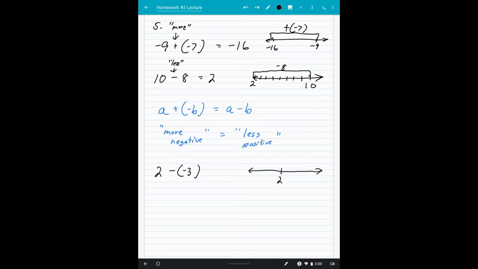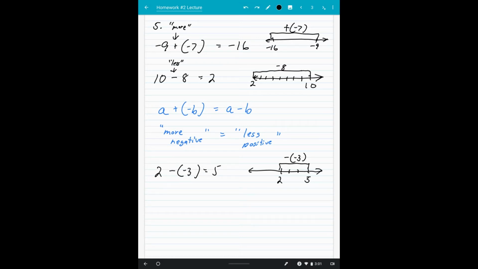If we're making it less negative, it's the same thing as becoming more positive. So we would go 1, 2, 3. That would be this direction. Your answer would be 5. If you're making something less negative, you're making it more positive. That idea is kind of confusing, or at least it was for me when I was learning all this.